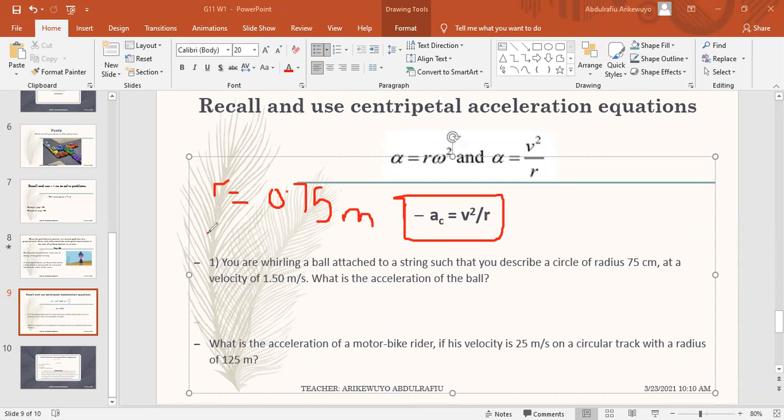Then I have my v to be equal to 1.5 meter per second. So my centripetal acceleration will be 1.5 squared divided by 0.75. This is centripetal acceleration. So the final answer will give us the centripetal acceleration. Is that okay?